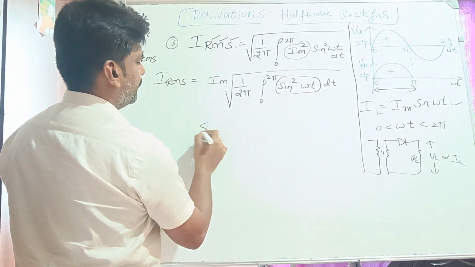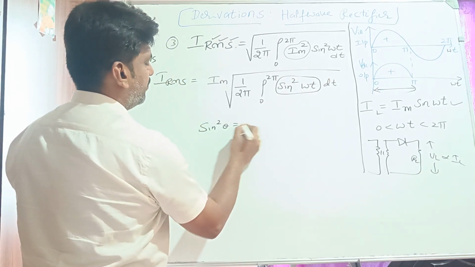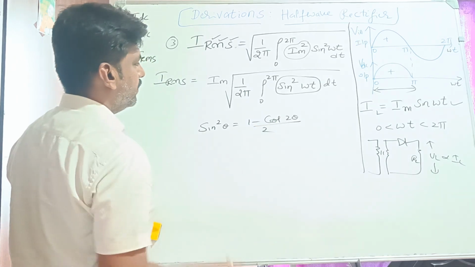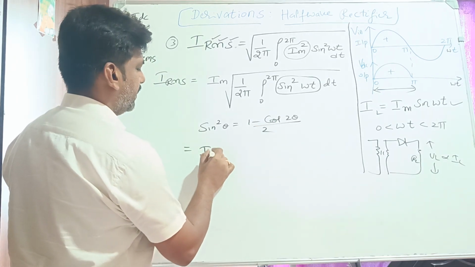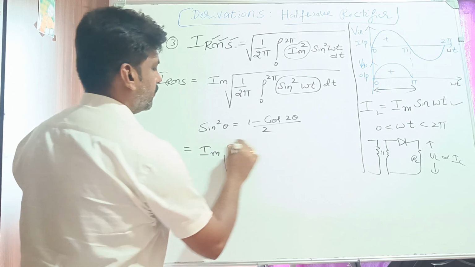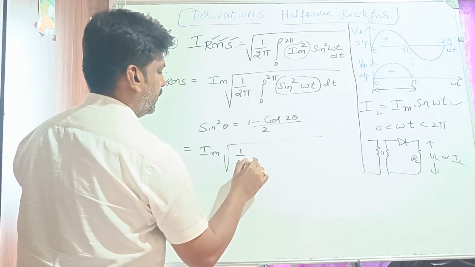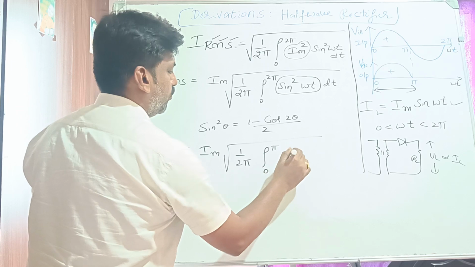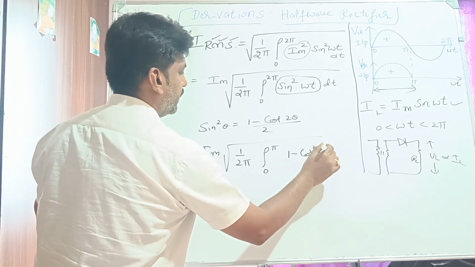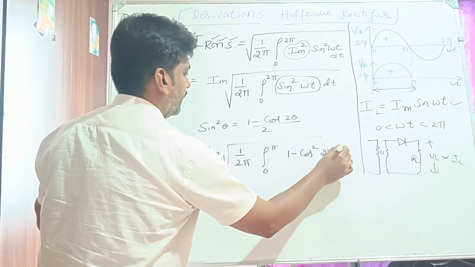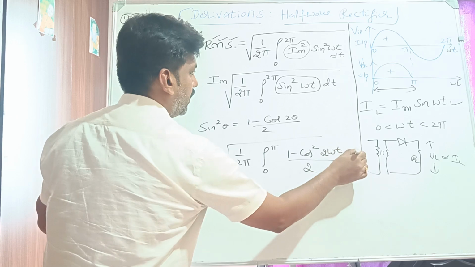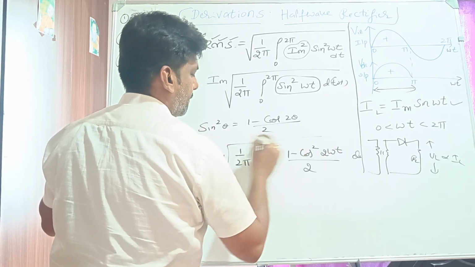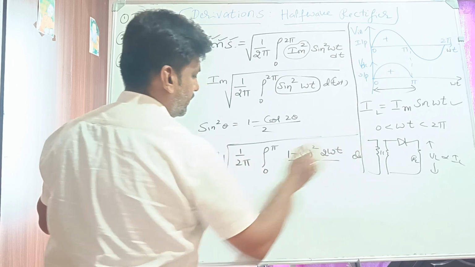Sine square theta can be written as 1 minus cos 2 theta whole divided by 2, right? And also we can write here Im square root of 1 divided by 2 pi, then it is 0 to pi, 1 minus cos 2 times omega t whole divided by 2, and it is d omega t, right?